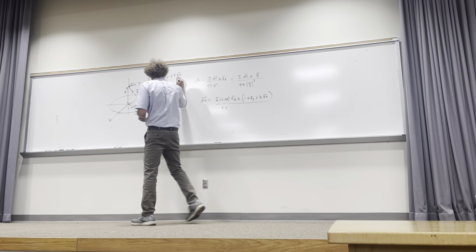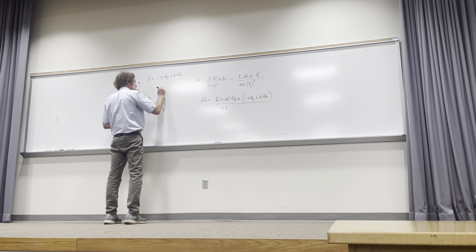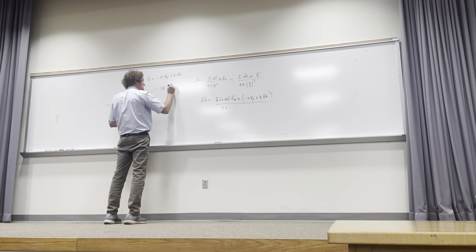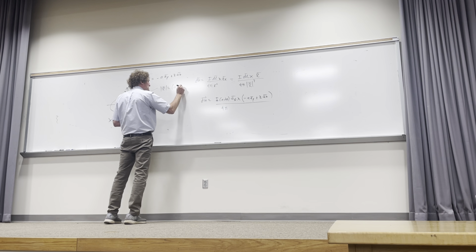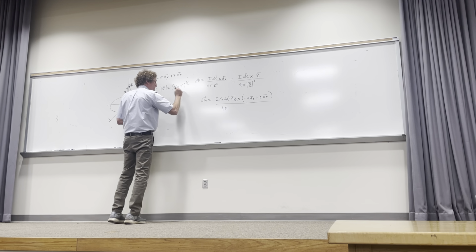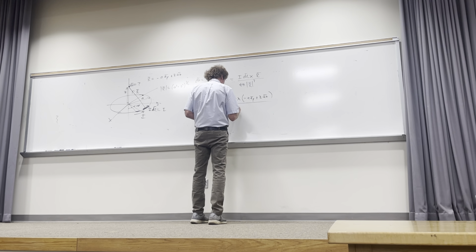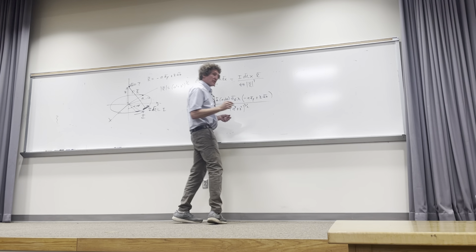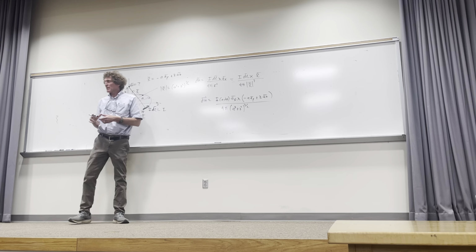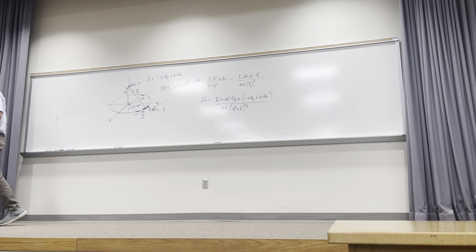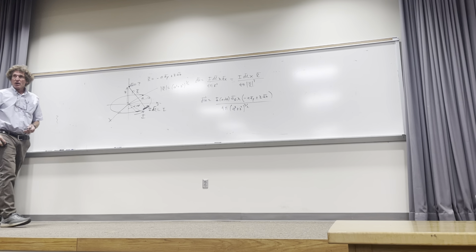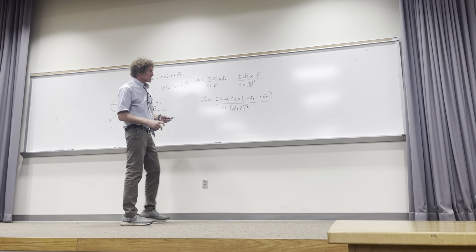Well, if this is R, the magnitude of R would just be equal to a squared plus z squared to the 1/2 power. And if I cubed it, I get a squared plus z squared to the 3/2 power. You all agree with that? I'm trying to make my case as simply as I can. Agree? Okay. Let's do this cross product business.